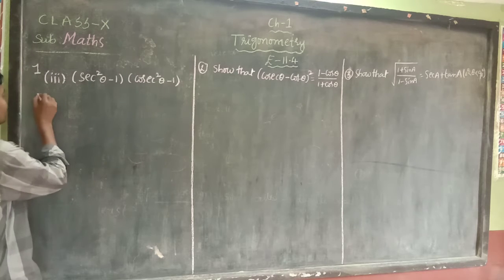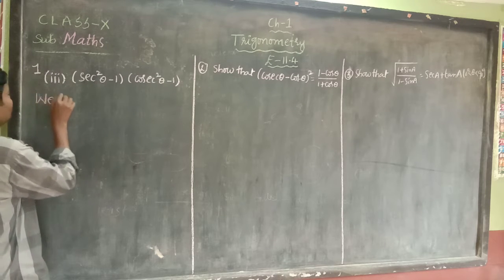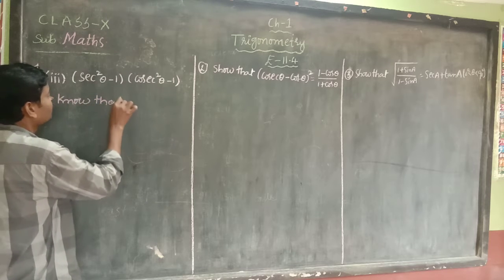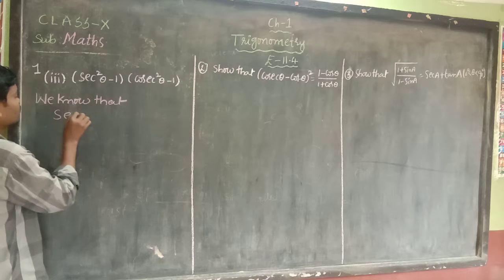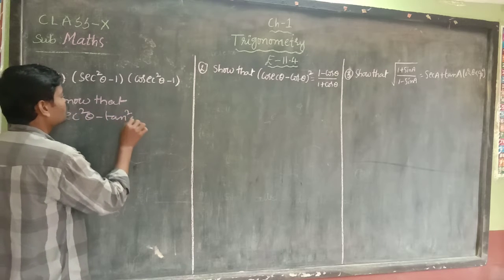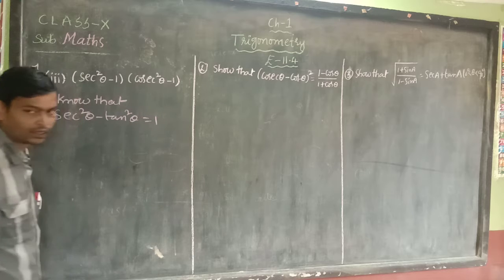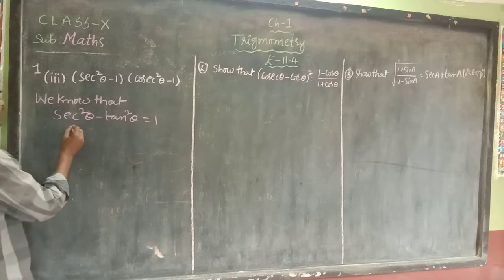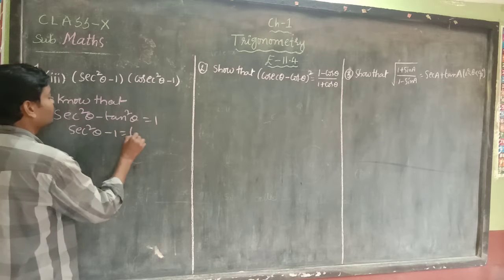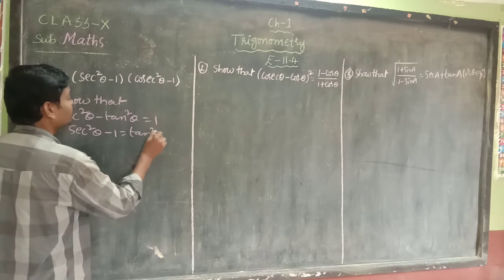But we know that sec square theta minus tan square theta is equal to 1. With this, sec square theta minus 1 is equal to tan square theta, right?